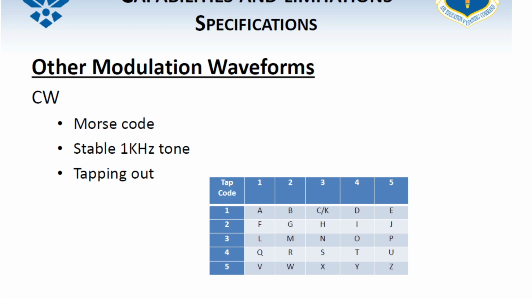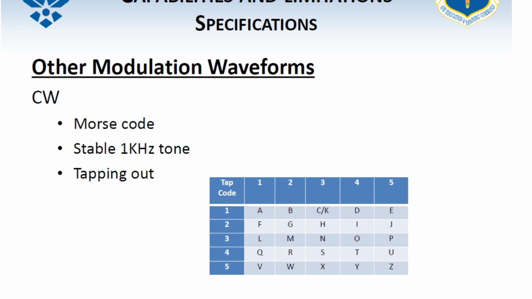All right, CW. The radio mode of CW is continuous wave. You can use it for Morse code. It is a stable 1 kilohertz tone, and they used it for tapping out in Vietnam. They could use this to tap out.